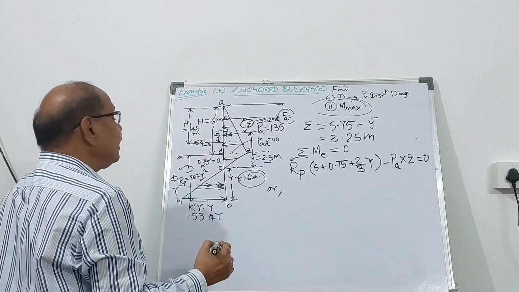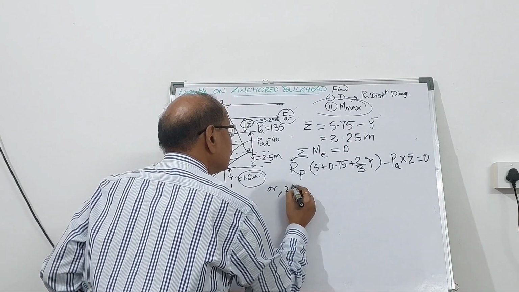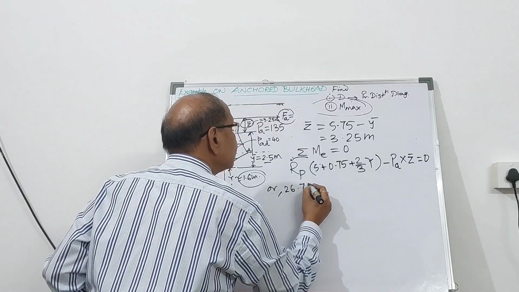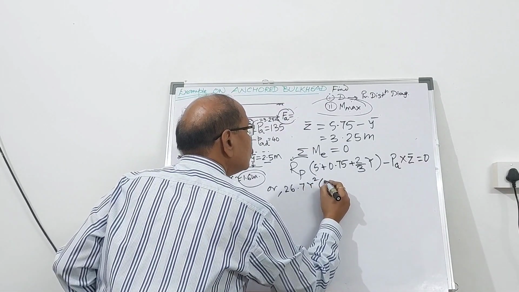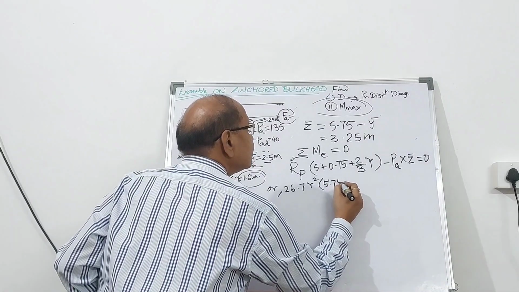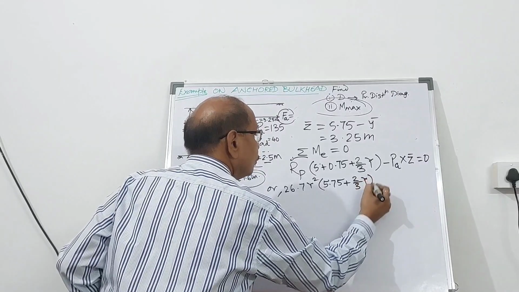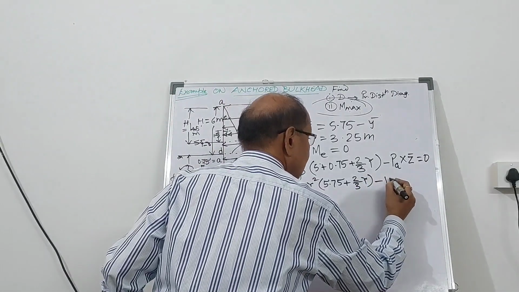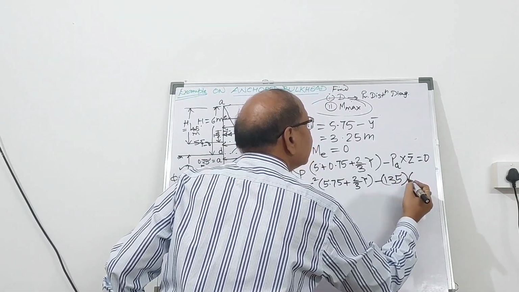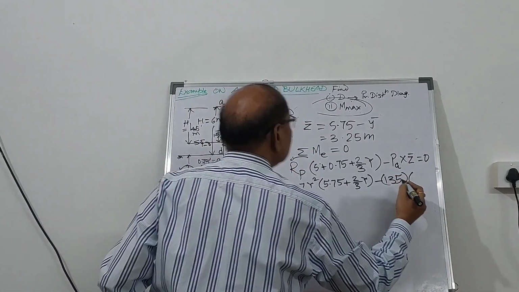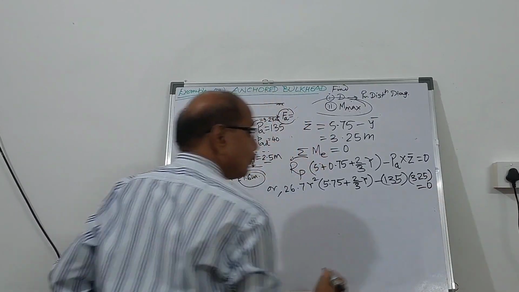What is the value of RP? RP is 26.7 y square. So 26.7 y square into 5.75 plus 2/3 of y, minus 135 PA into Z bar, which is 3.25, equal to 0.